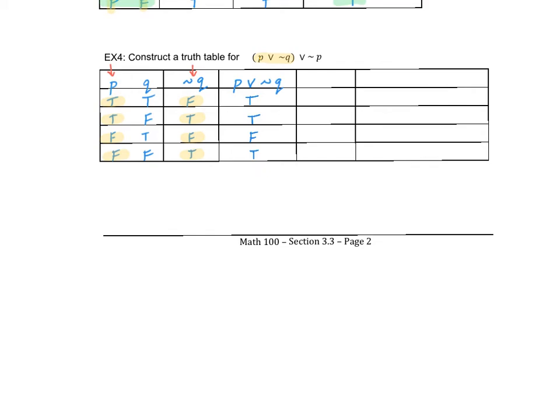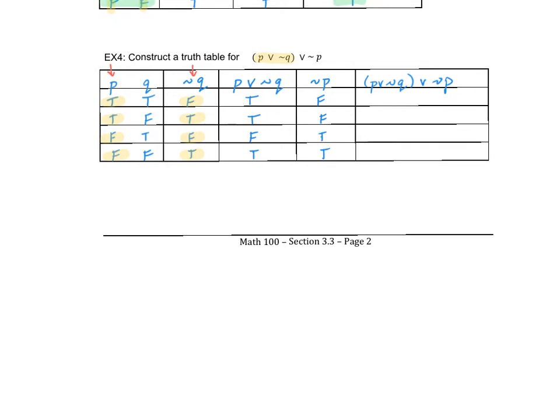Before I can figure out my complete compound statement, which would be parentheses P or not Q, or not P, I need not P. Notice that's not listed. I have P, but I don't have not P. So I need to figure out what not P is first. If P is true, true, false, false, not P would be false, false, true, true. So I have both sides of my or statement.